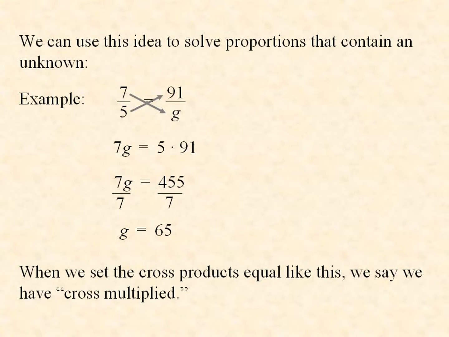Let's look at some more examples. Example 1. Solve this ratio problem. 4 is to m as 21 is to 5. The ratio 4 to m is the same as the ratio 21 to 5.